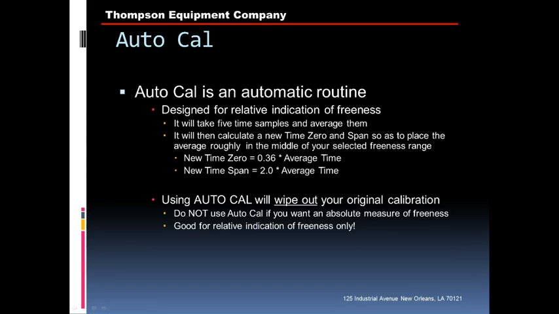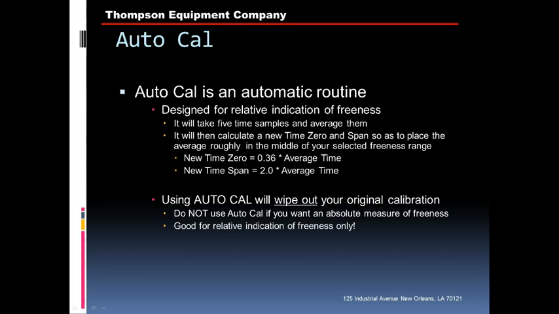What it does is it takes 5 time samples and averages them together and then calculates a new time 0 and span from those values so that you're roughly in the middle of your predefined freeness range. You see the numbers there that it'll actually use.